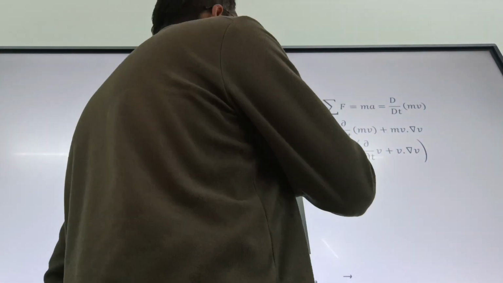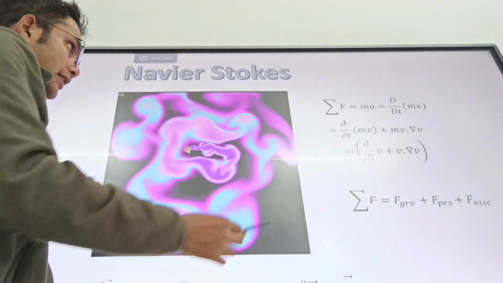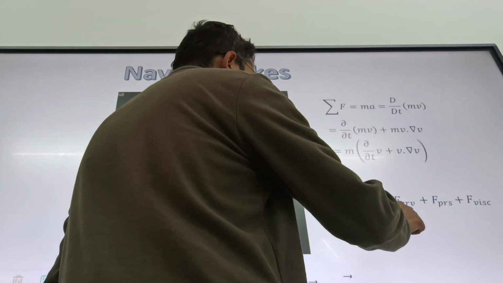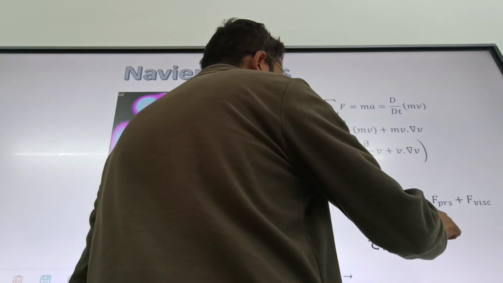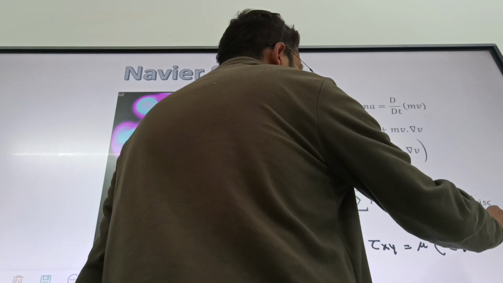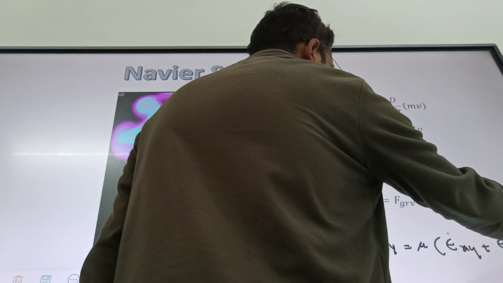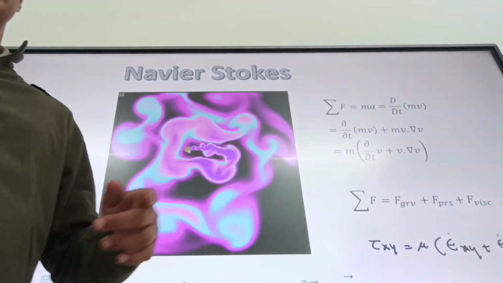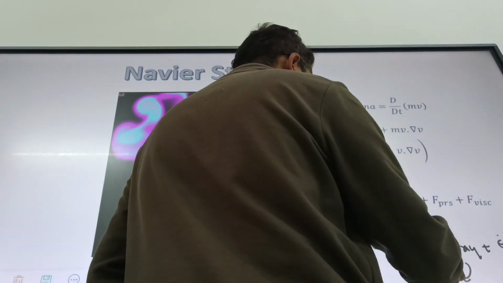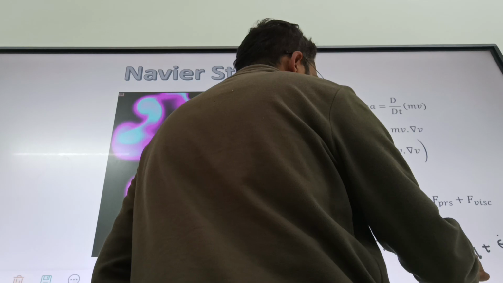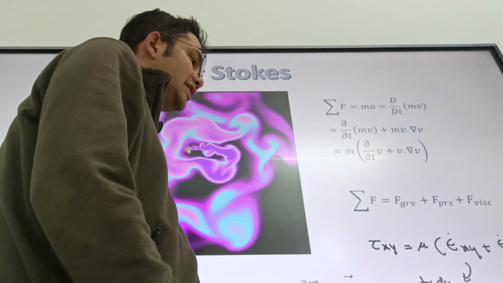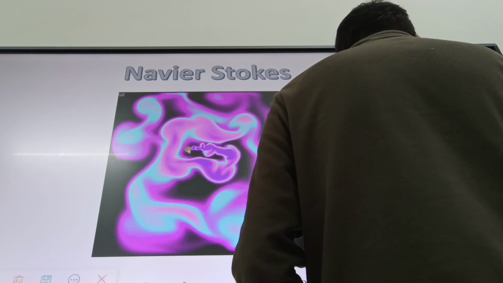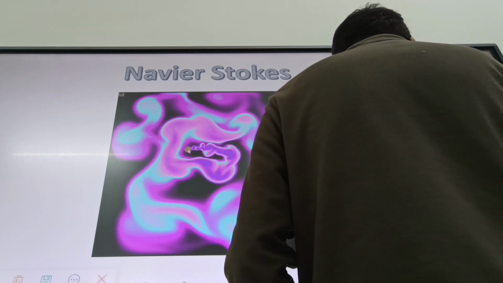So that is this part, D by dt. The other part is tau xy, which is equal to mu times the rate of strain rate, either in the x direction due to y or in the y direction due to x. One component I can write as d by dt into dy by dx, and similarly the other dy by dx.